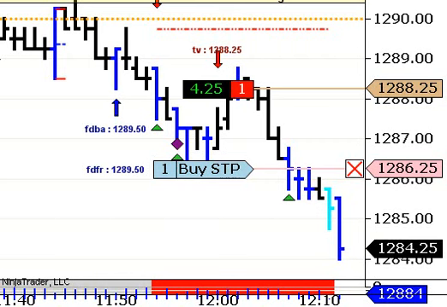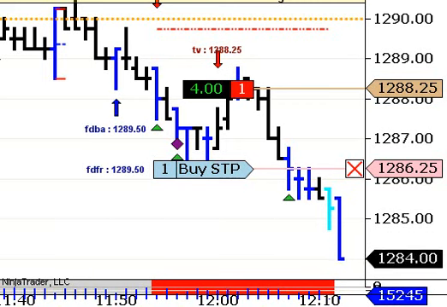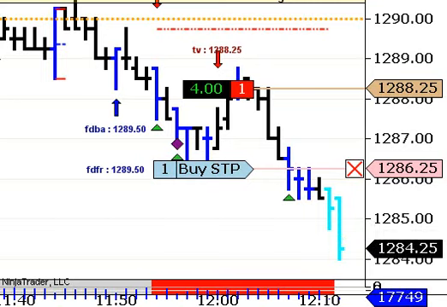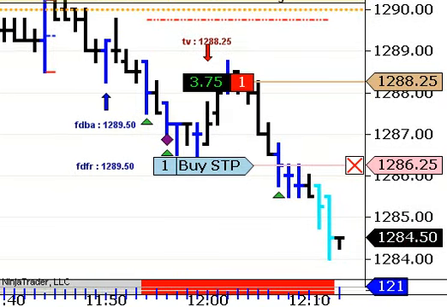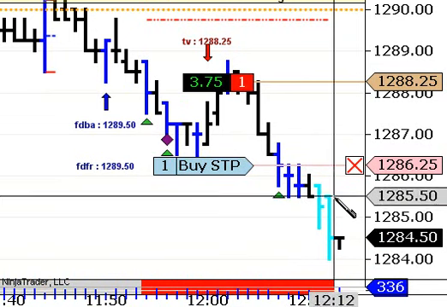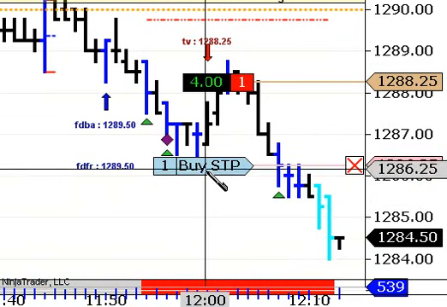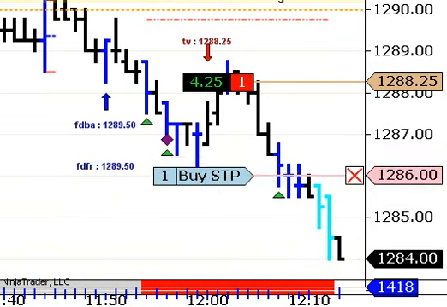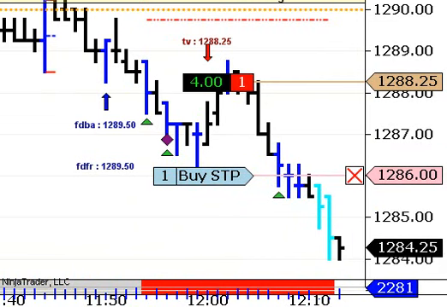We've got another selling paint bar, so it looks like we'll make another adjustment on our stop once this bar has closed. Okay, there it is there, and we'll just bring it down to 2 ticks above there. So 86 is our buy stop now, 2 ticks above the high of that most recent and lowest selling paint bar.